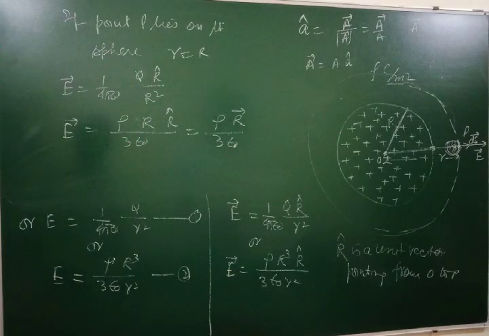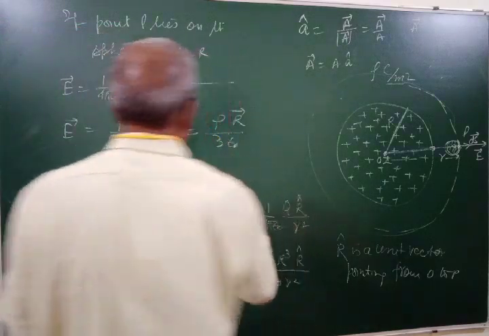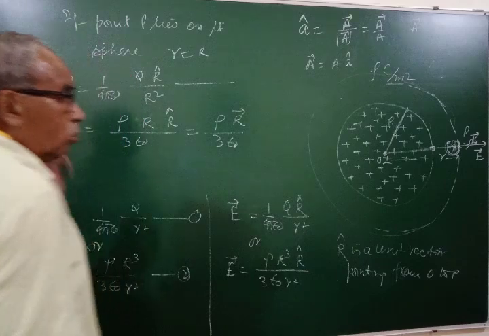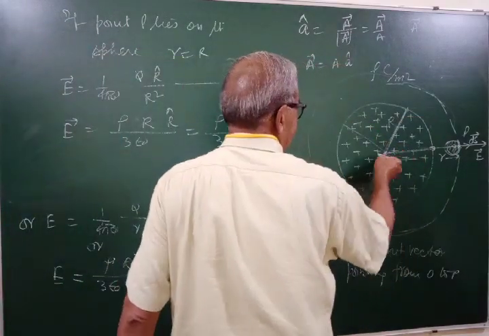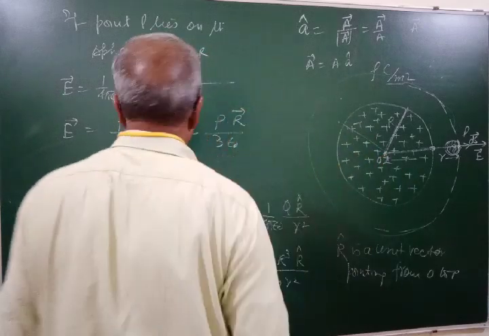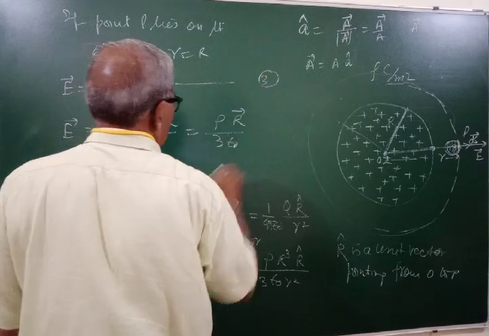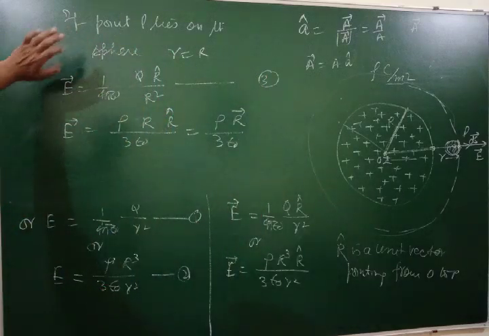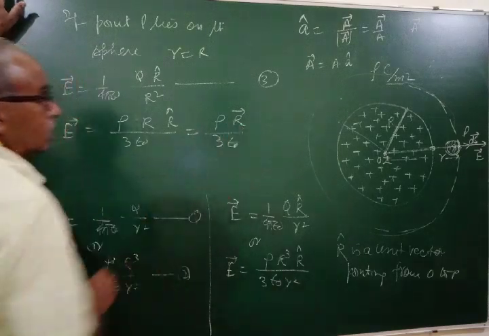This is the electric field at any point on the surface in terms of position vector r. r is the position of the point; if you go this way, then r will point this way. So equation 3 or 4: here 3 is in terms of total charge Q, and here 4 is in terms of charge density.